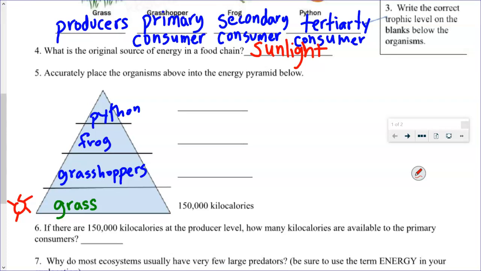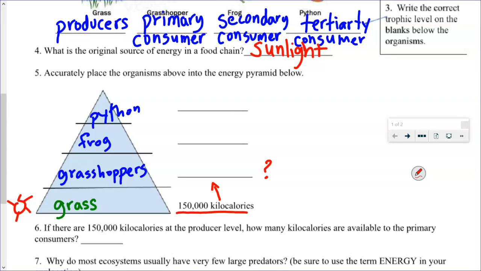There's so much energy in there that the grass can pull out, in this example, 150,000 kilocalories worth of energy for that population of grass. Our question is, if there's 150,000 kilocalories available to the grass, then how much energy is available to our primary consumers, which in this example are the grasshoppers.